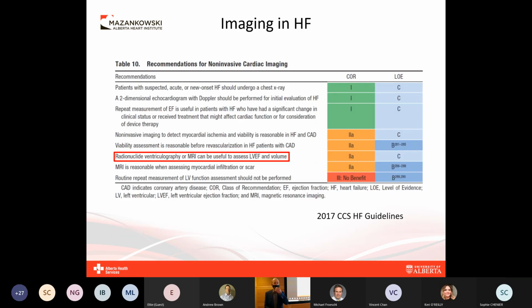In fact, to my knowledge, the last heart failure guidelines from the CCS to talk about the role of imaging were the 2017 heart failure guidelines. They recommend echocardiography for the initial evaluation of cardiac function. However, cardiac MRI does have a 2A recommendation to assess LVEF and volume for patients with heart failure.